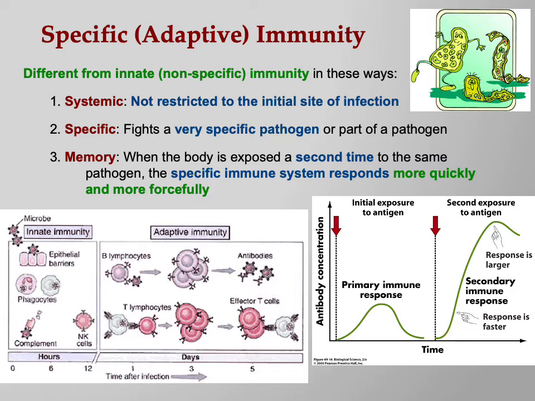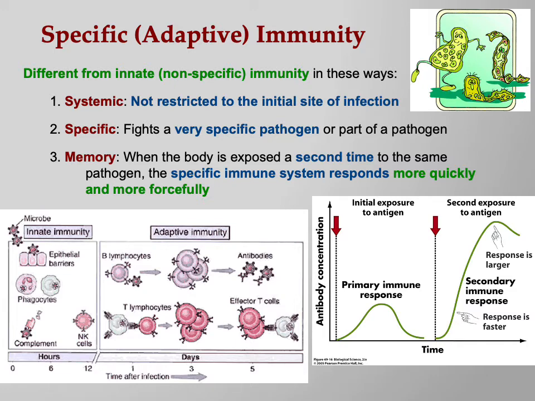And then memory. So when the body's exposed a second time to the same pathogen, the specific immune system responds more quickly. So you see there in the lower right, the primary immune response. The first time you got sick with something, like when I was a little kid, I had chicken pox and mumps. It took like a week to get over that. Well, that was the first time.